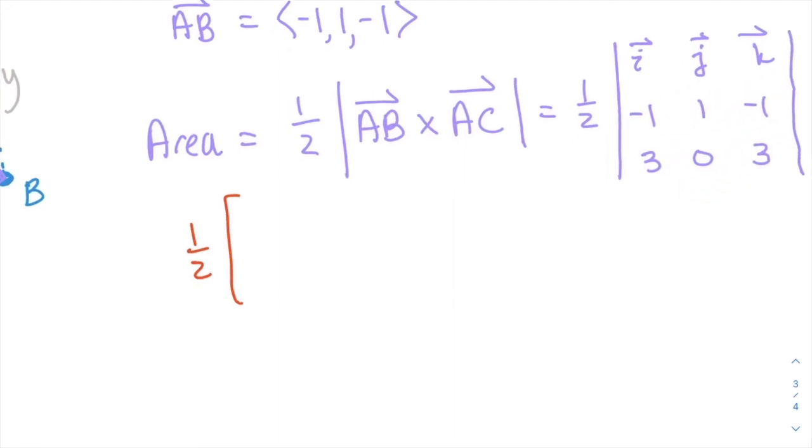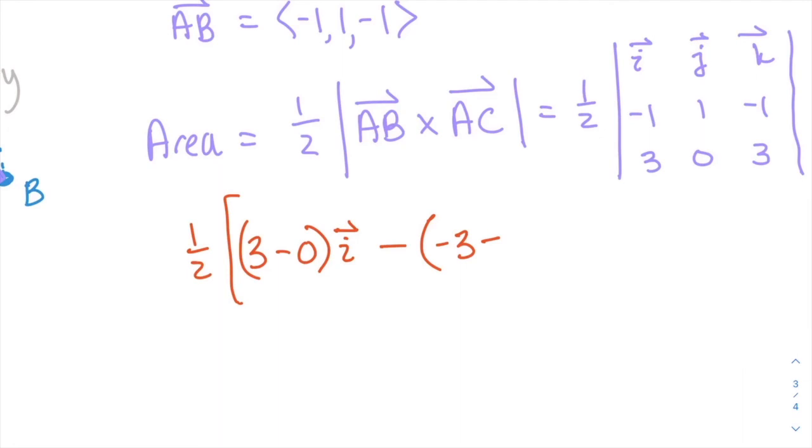So we have 1 times 3 minus -1 times 0, so that's 3 minus 0, times i. And then remember minus, we switch signs: now we're doing -1 times 3, which is -3, minus -3, or plus 3.